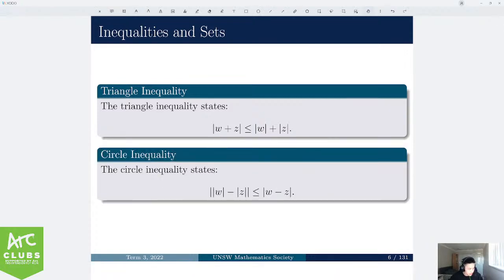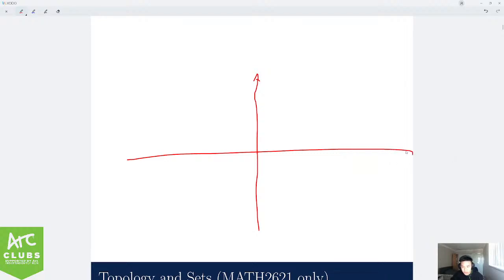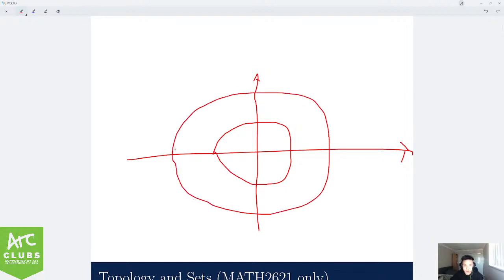And the circle inequality states that the mod of w minus the mod of z is less than or equal to the mod of w minus z. A quick intuition behind this is if we consider two circles, so let's draw up our axes. Let's say we have circle 1 over here and circle 2 over here.